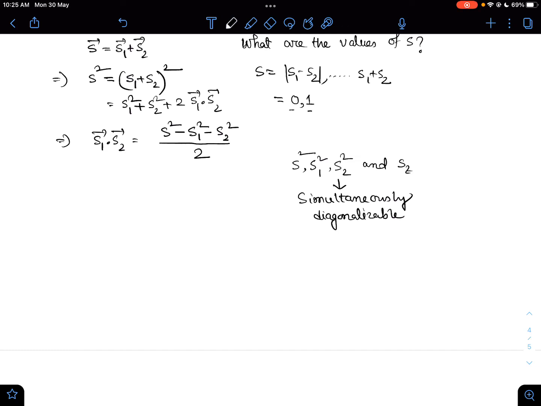That we have learned from the general addition of angular momentum, that J squared, J1 squared, J2 squared and Jz are simultaneously diagonalizable. That means the commutator of any two of these will be 0. Since all of them are simultaneously diagonal, they share the same eigenstates.